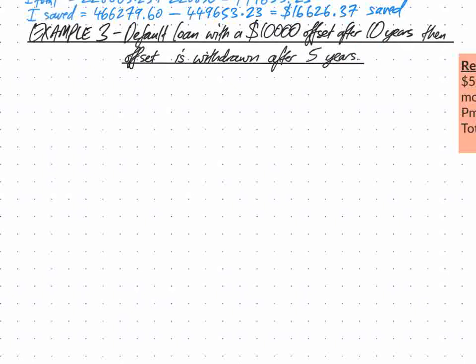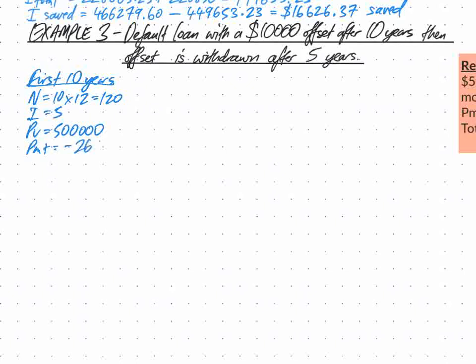So I've deliberately chosen the example of 10 years into the loan I get an offset because I already did the calculations for that. So first 10 years, N was 10 times 12, which is 120. The interest rate was 5. My loan was 500 grand.